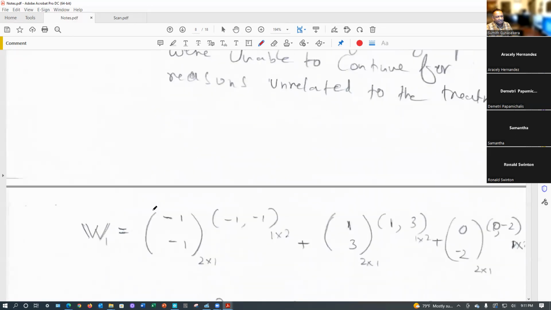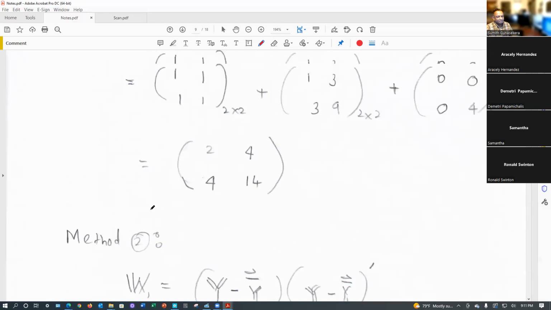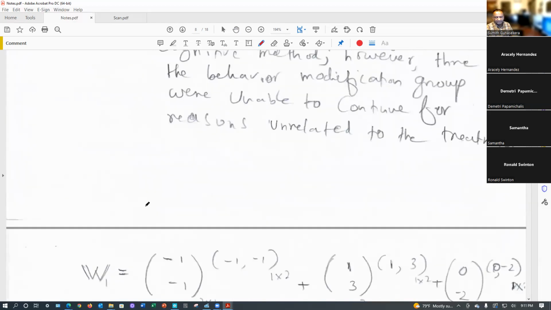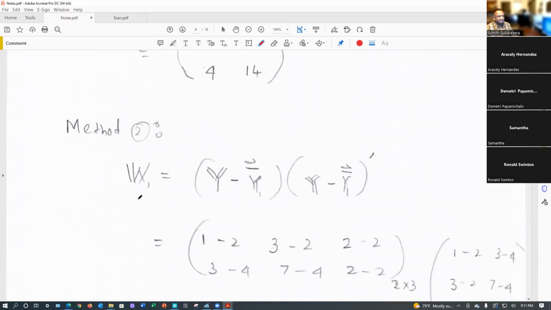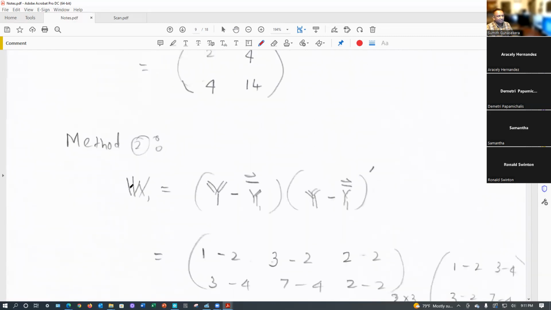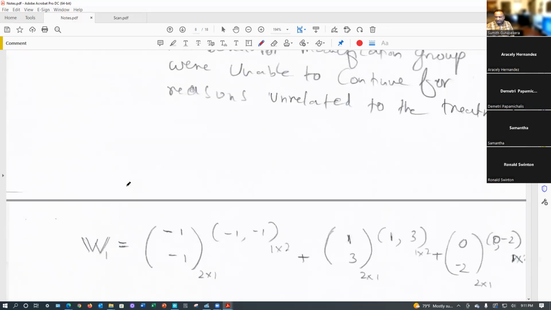Okay, look at it again. I think some pages are missing again. Hold on. There's something missing there. Yeah, one page is missing. They stop right there.